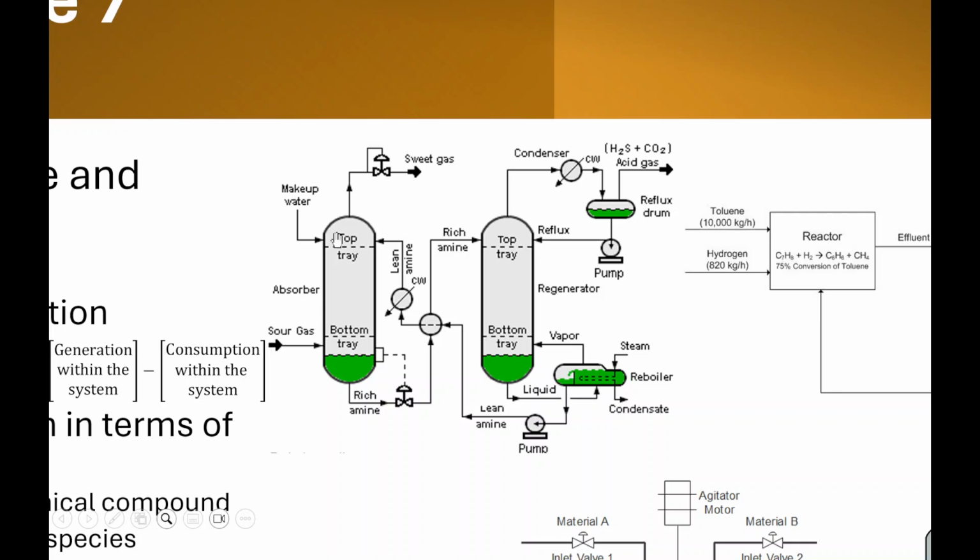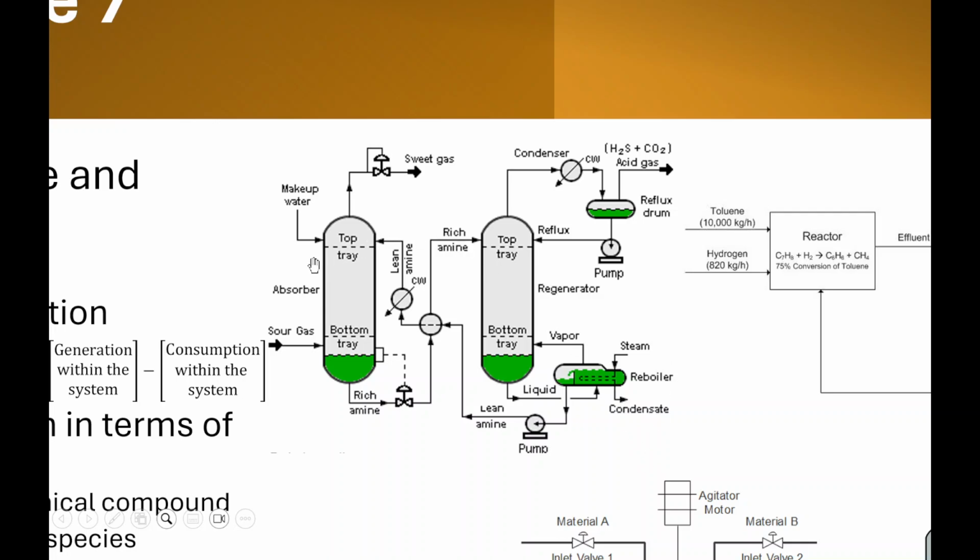The gas is absorbed into the liquid which is passed through it, and this whole liquid plus gas mixture is then passed through the stripper, through which we get the gas in the pure form.